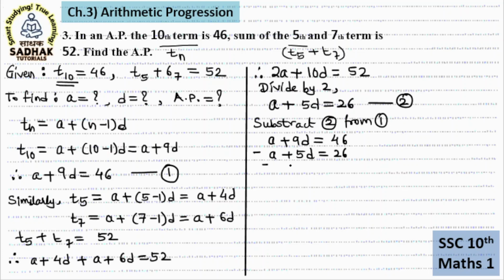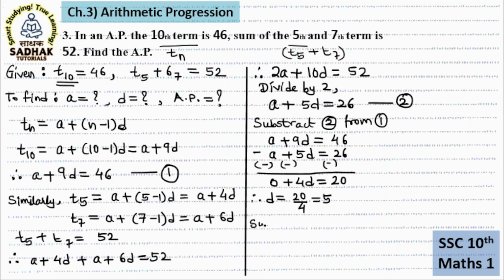It will be minus here, minus here, and minus here. So A minus A will give us 0, 9d minus 5d will give us 4d, and 46 minus 26 will give us 20. So therefore d will be 20 upon 4, that is equal to 5. So we got the d value. d is equal to 5.